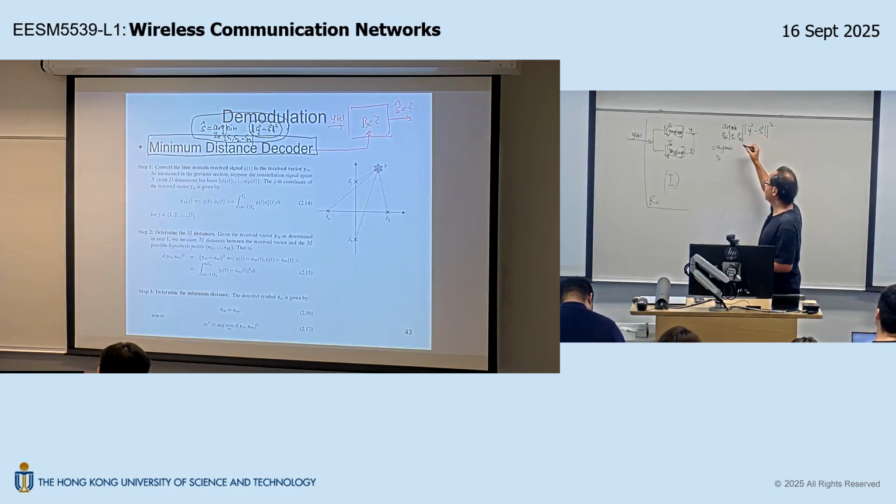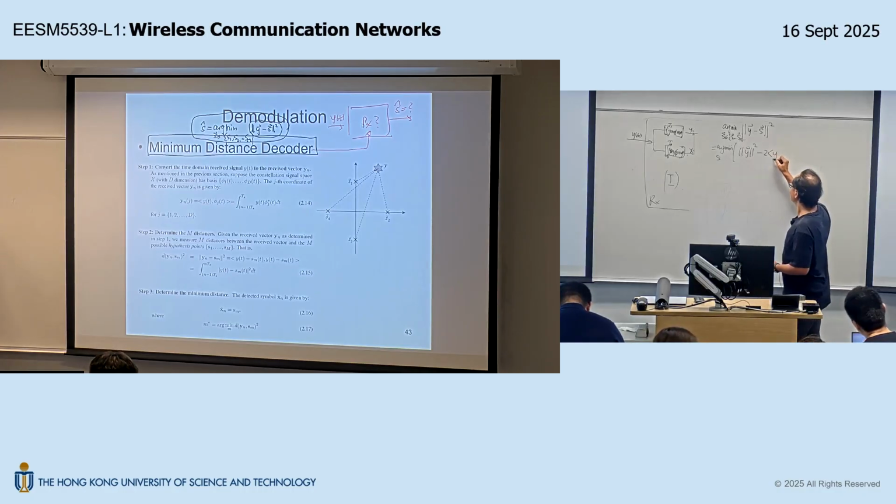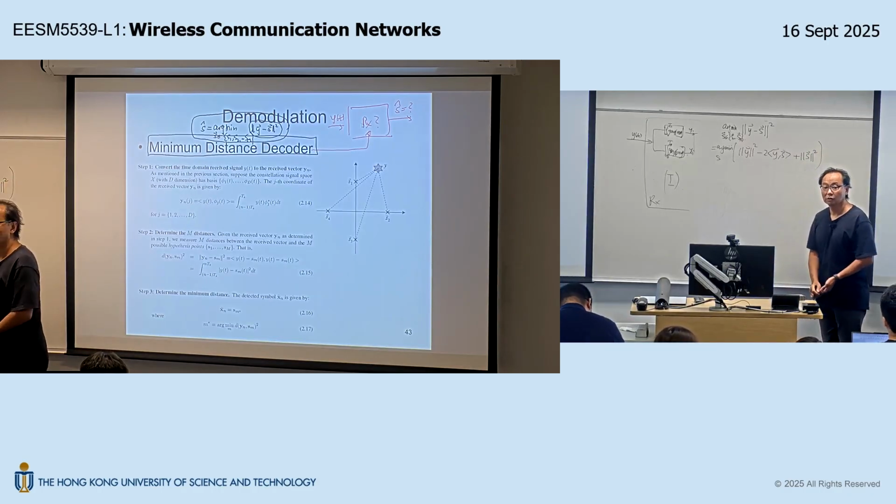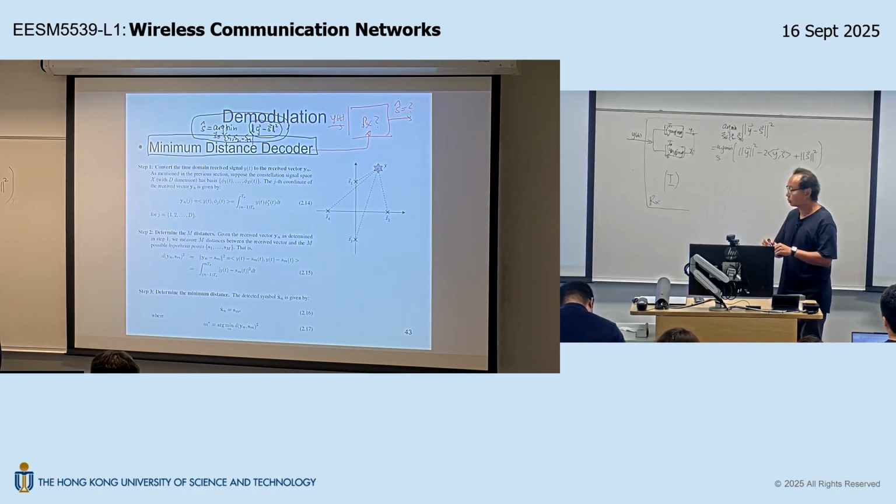Quadratic expansion, right? So this will be expanded into 3 terms. Now let's examine each of these terms. S is the variable, right? S can take one of these M possible values. So you want to pick the overall minimum value of this metric, and the minimizer will be the output.